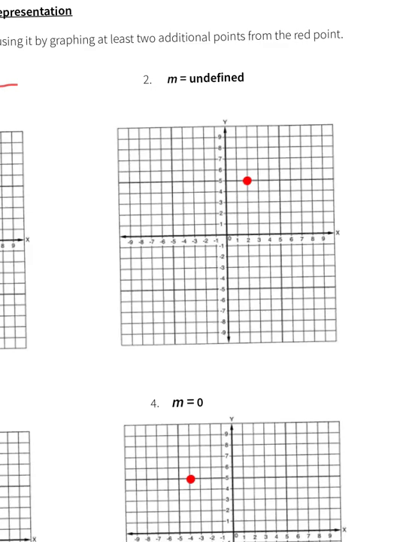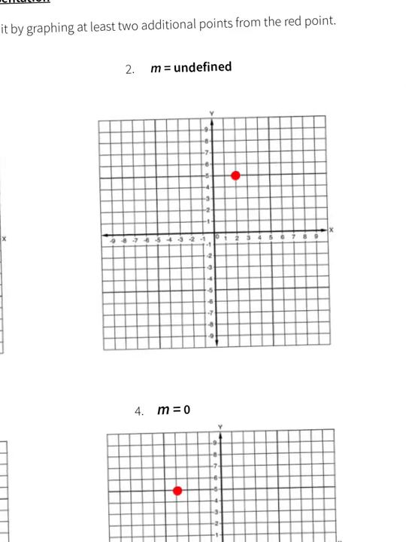So undefined, up and down, they both start with a U. Maybe that will help. So an undefined line is simply a vertical line. You've got to go through that point, okay?